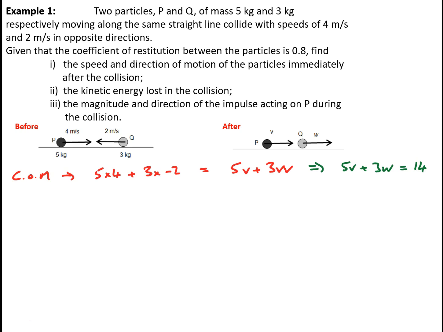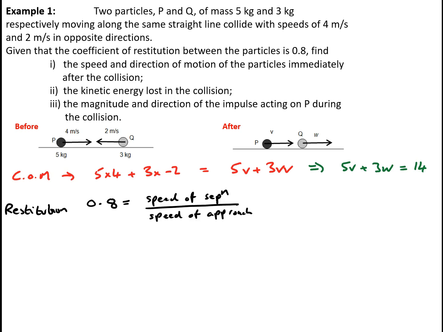Now if we set up the coefficient of restitution equation, we have 0.8 is the coefficient of restitution, which is the speed of separation divided by the speed of approach. The speed of approach before the collision is 6 meters per second.